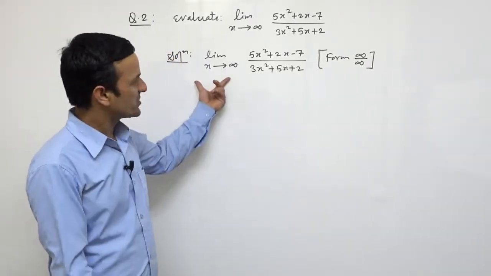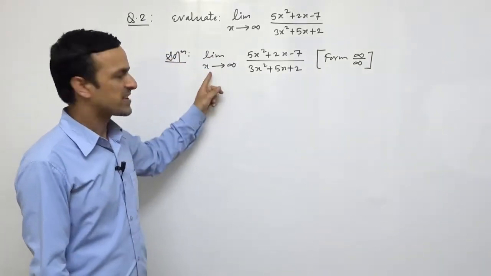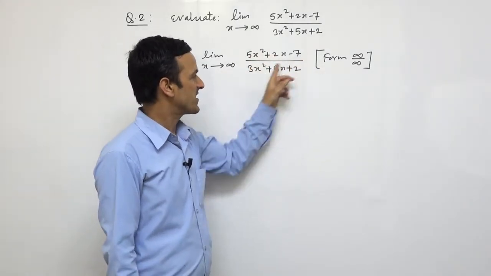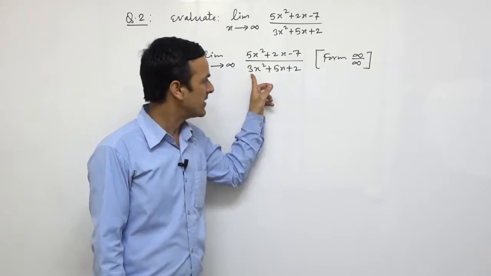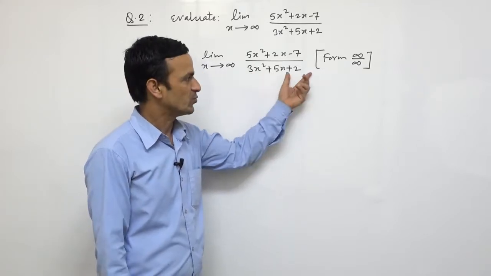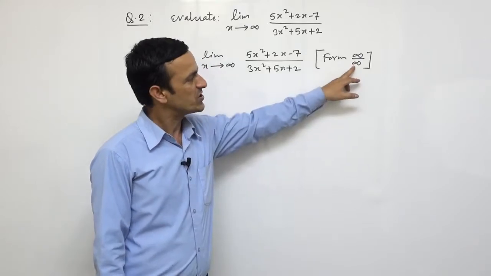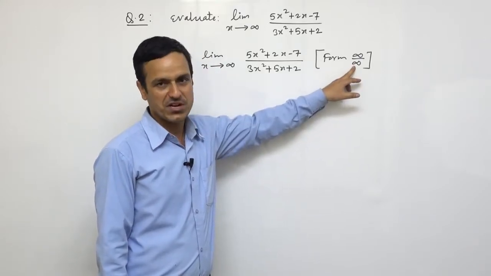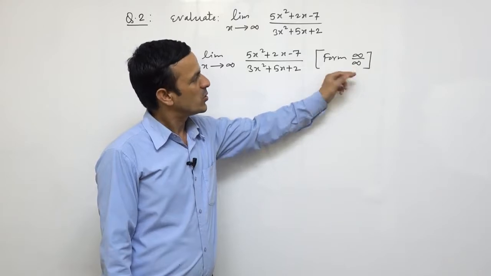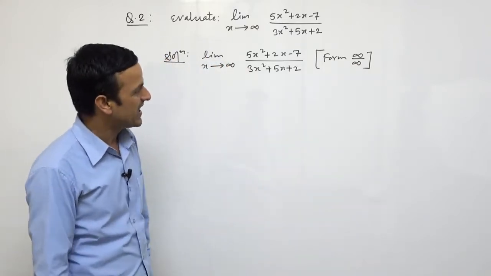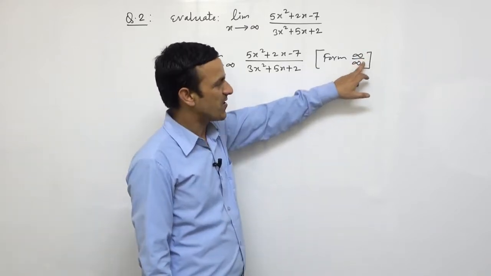So we have this question: limit x tends to infinity, 5x square plus 2x minus 7 upon 3x square plus 5x plus 2. This is the form of infinity by infinity, which is also called the indeterminate form. If you see this in the indeterminate form, then we have to remove this form.